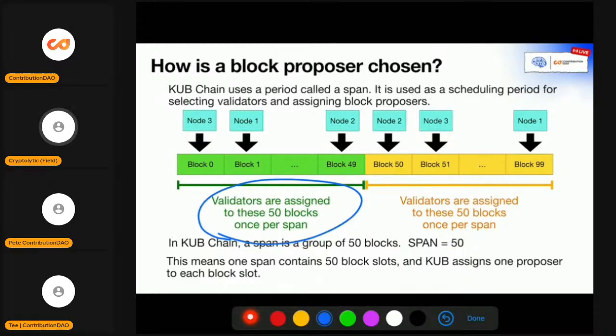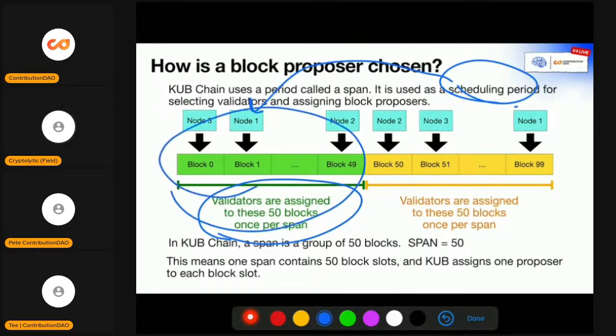So not all of the validators are going to be assigned in this one span, but when you move to the next span, you have a chance to join. Does this mean any validator has an equal chance of becoming the block proposer?